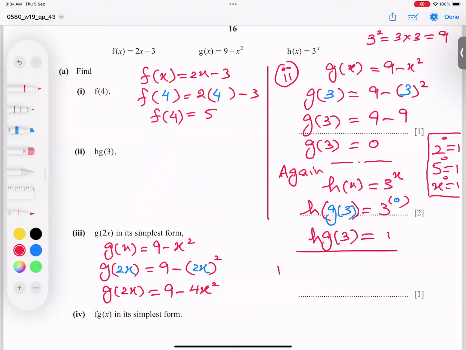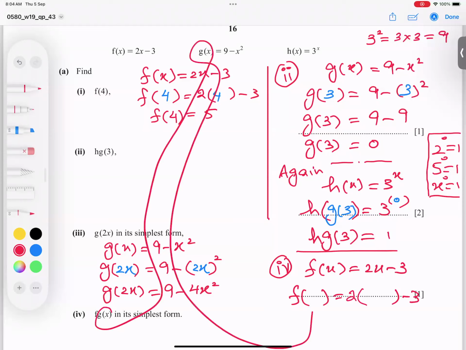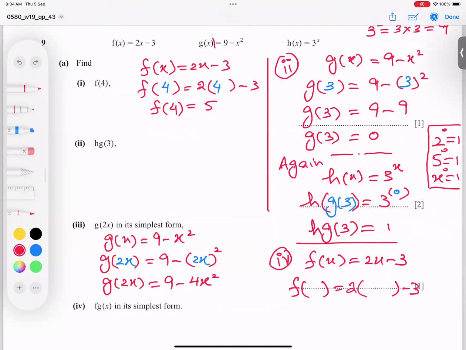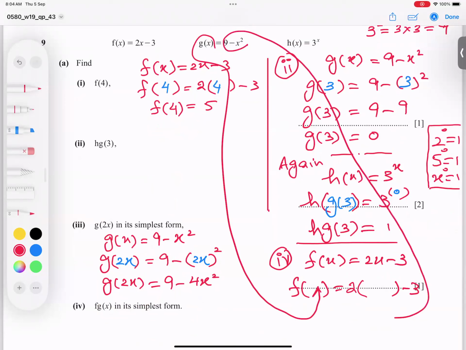I'm copying the function of f, which is 2x minus 3. How many x's? Leave empty spaces. But what is this g? The g name will come here and the value will come here. I mean, in the second bracket, the function name will come here and the value will come here.